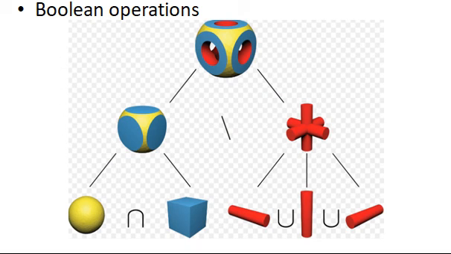Right? And also we must understand the word Boolean. What do you mean by Boolean? It is the common intersections, unions and subtractions that we have seen in mathematical or set operations.